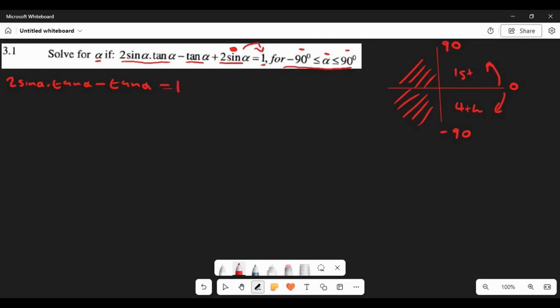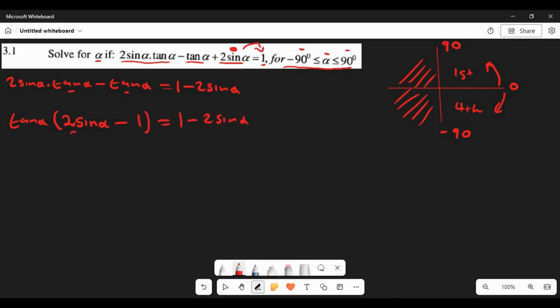Obviously it's positive, so it's going to become negative 2 sine alpha. When I look at our left hand side, we have a common factor, tan alpha, on both terms. If we take out tan alpha, we're left with 2 sine alpha minus 1, and this is equal to 1 minus 2 sine alpha.